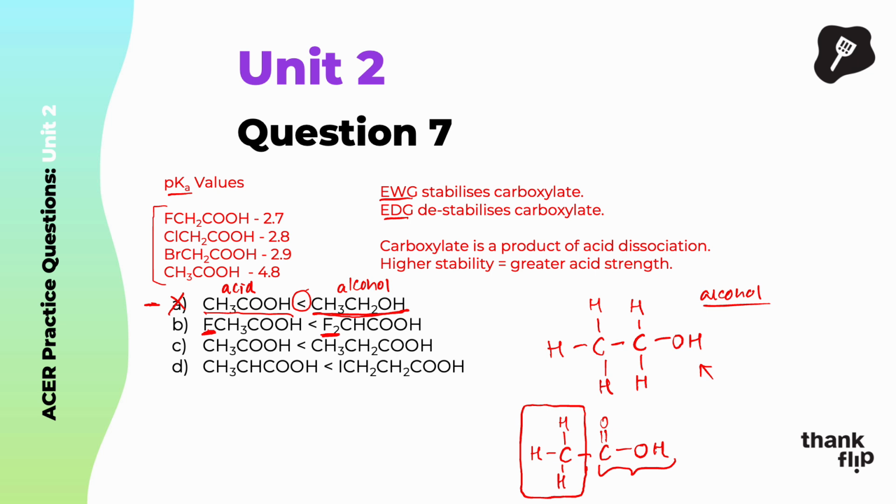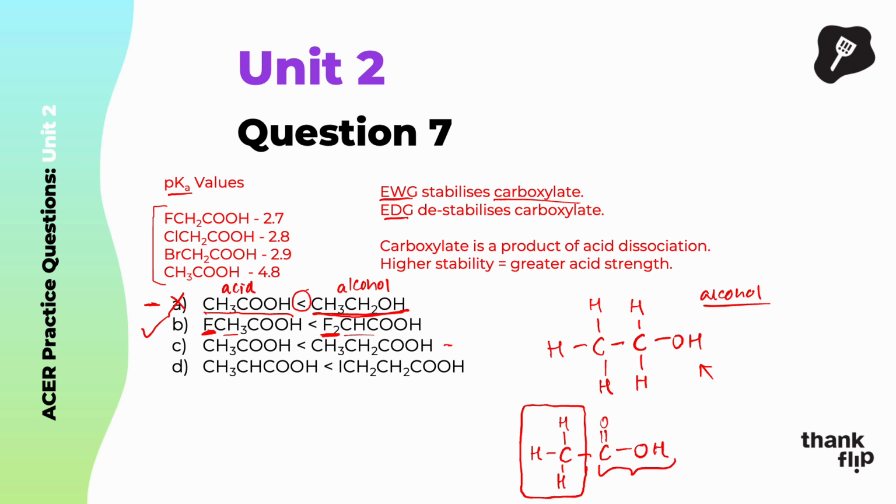So you can reasonably assume that the molecule with two fluorines is going to be more electronegative than the one with one fluorine. And that's going to stabilize the carboxylate group more, which means it's going to be a stronger acid. So we can assume that this answer seems pretty good so far. But let's continue just in case.